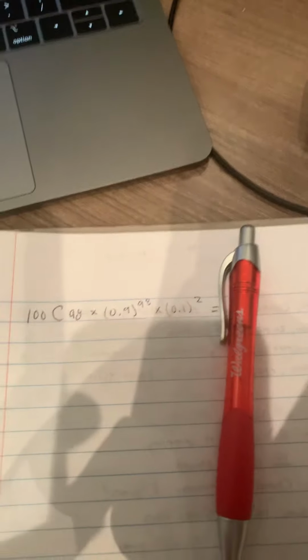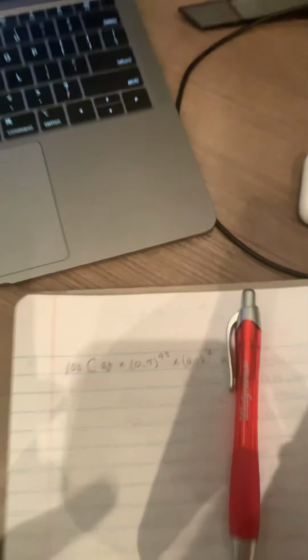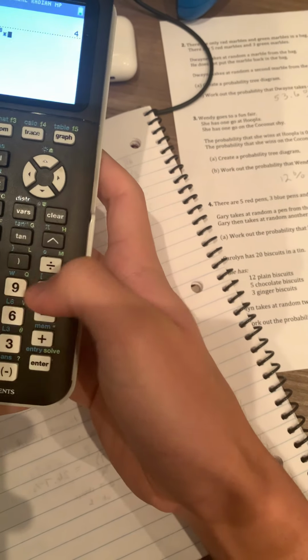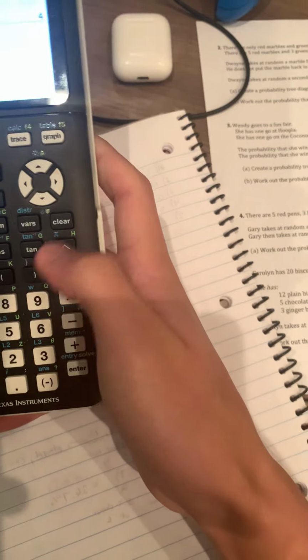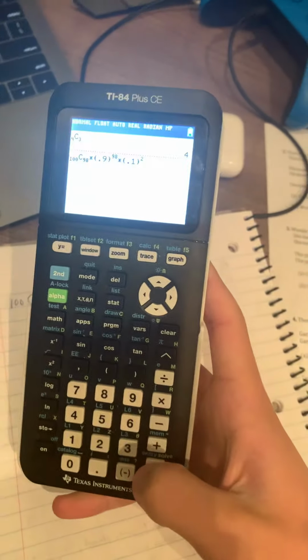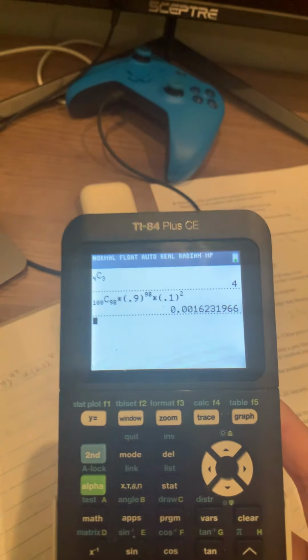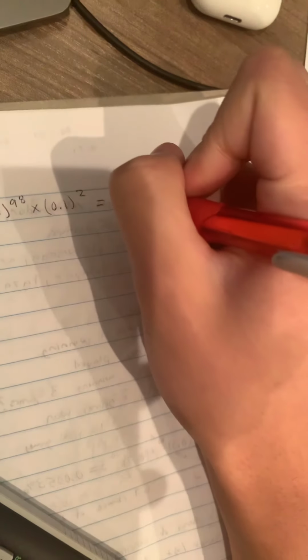Then you grab your calculator, and you type this in, 100 combination 98 times 0.9 to the power of 98 times 0.1 to the power of 2, which you get 0.016, or converting that to a percent, 0.16%.